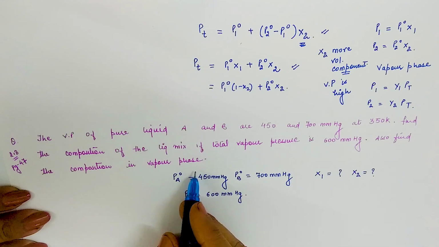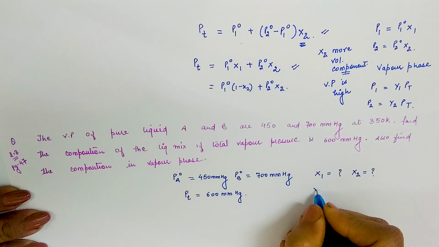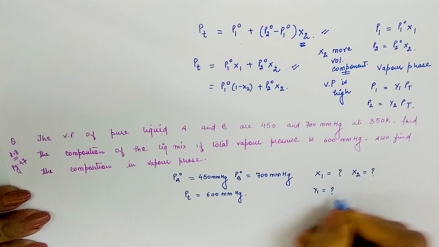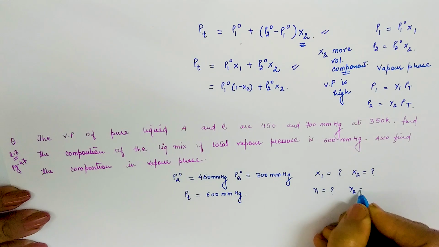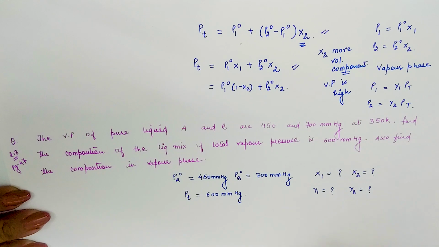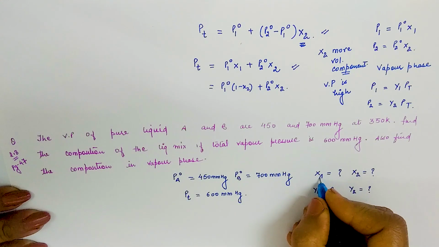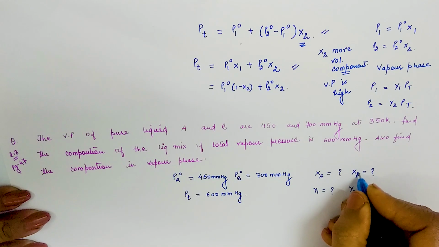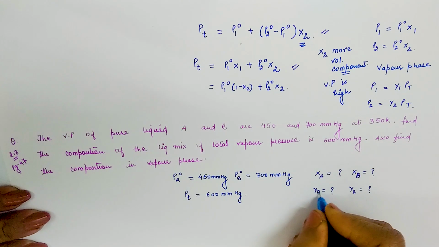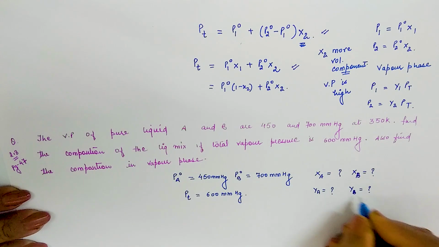Also find the composition in the vapor phase, which means you have to calculate Y1 and Y2. Since they have given two components A and B, these can be XA, XB, YA and YB.